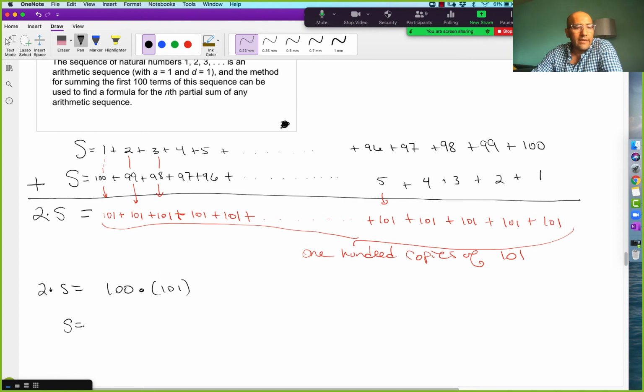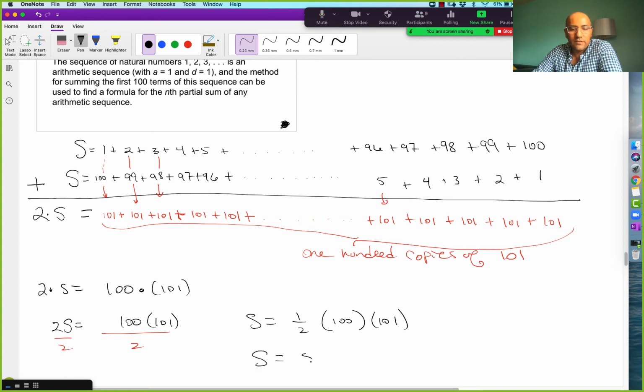And so now s can be found by dividing both sides by 2. Let's take, well, I'll do it in another step. Divided by 2, divided by 2. So we get 2s there, 100 and 101 there. And so s equals 1/2 of 100 times 101. Good. Questions?